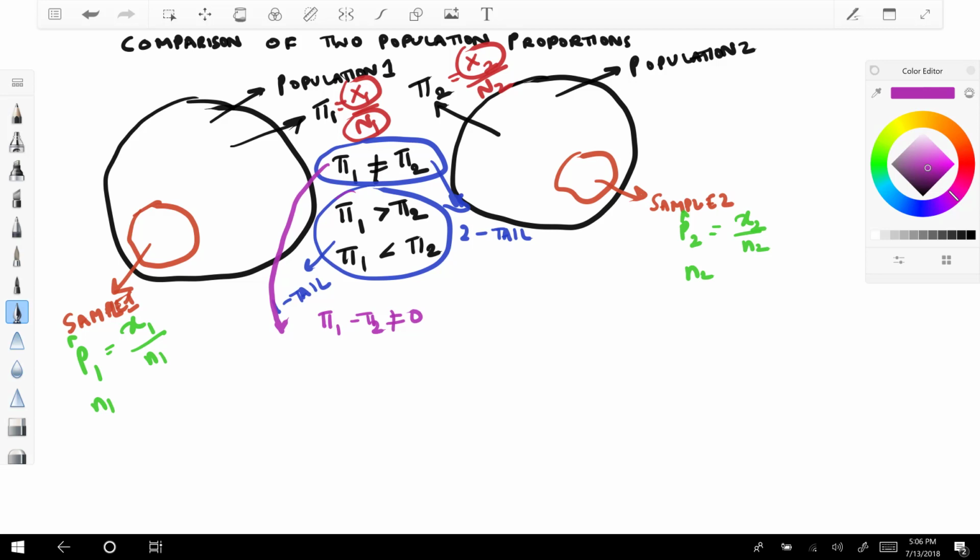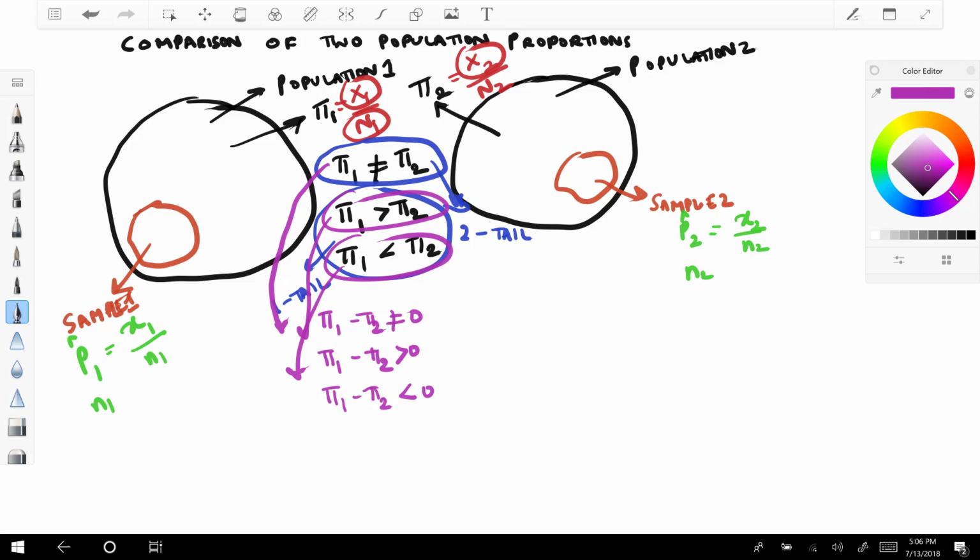The second one, I can say pi 1 minus pi 2 greater than 0. And the third one, I can say pi 1 minus pi 2 less than 0. So we converted all of them into differences.